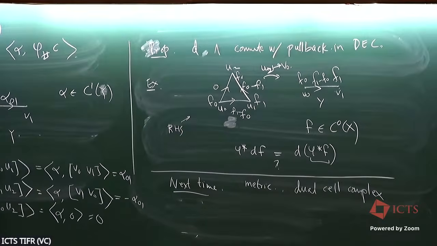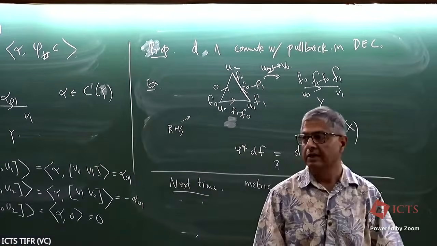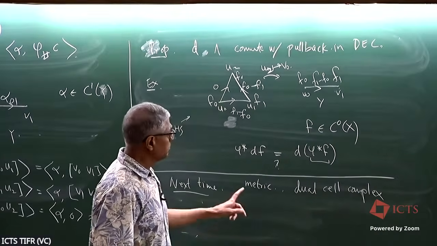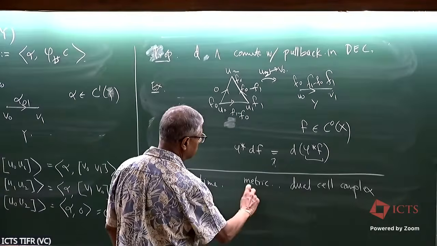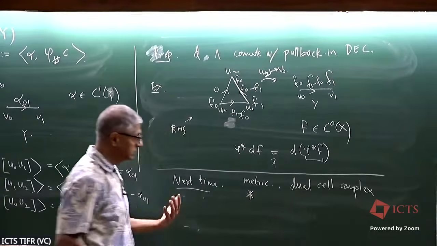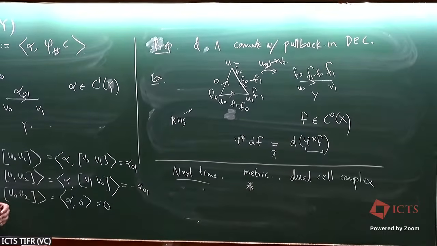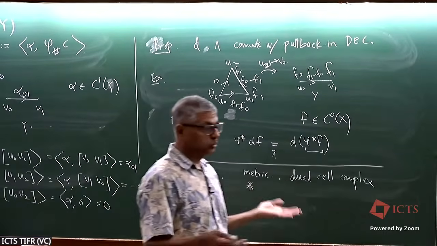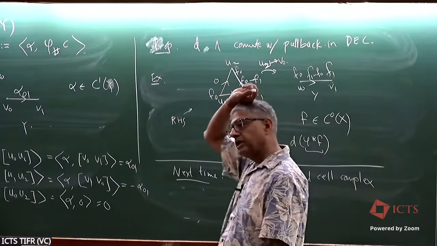You'll see features of those. And I will at least make an explicit connection with finite elements in the next lecture. So metric will need a dual cell complex. This will allow us to define a discrete Hodge star, which is a very important operation that often is not taught in manifold courses because you run out of time after you have spent half a semester defining what a manifold is. So then you don't get to do fun things like PDEs.